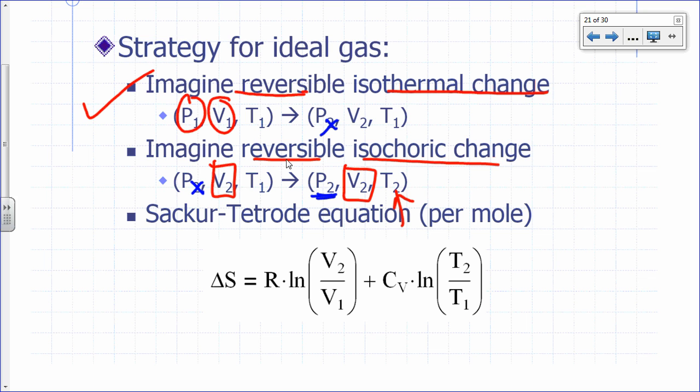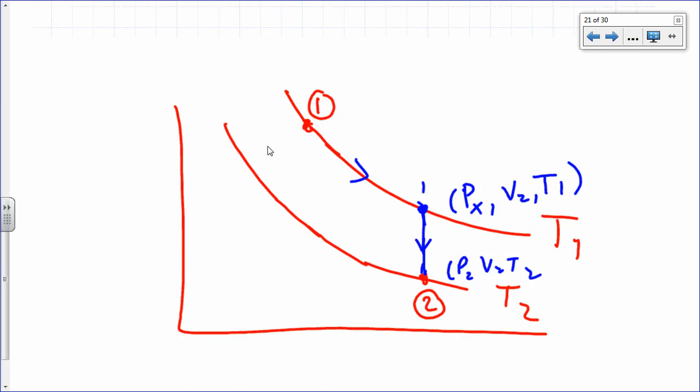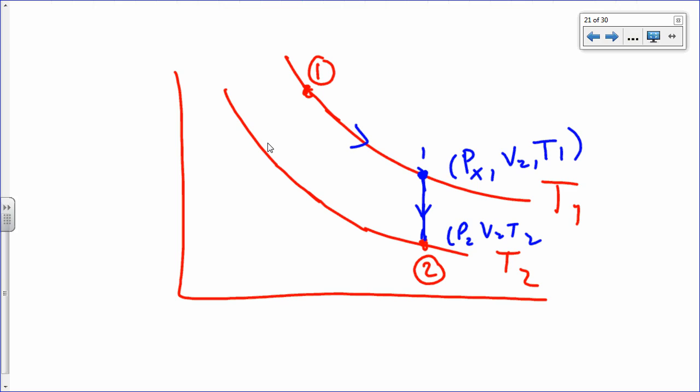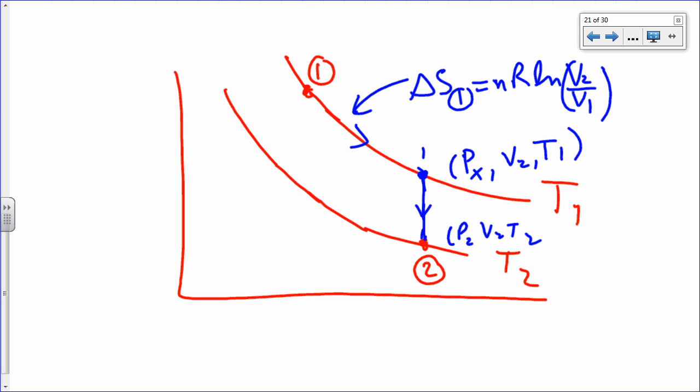Okay? So what happens? What's delta S for the first step? Isothermal. Delta S for this is equal to what? Reversible isothermal expansion of an ideal gas: NR ln V2 over V1, right?